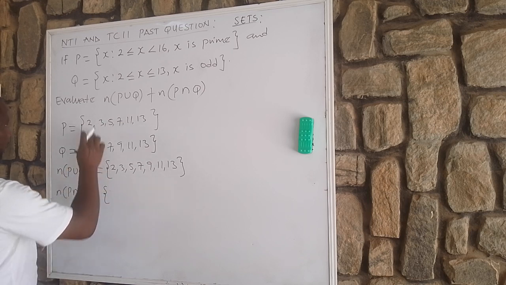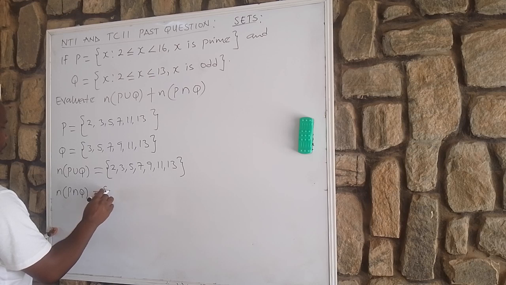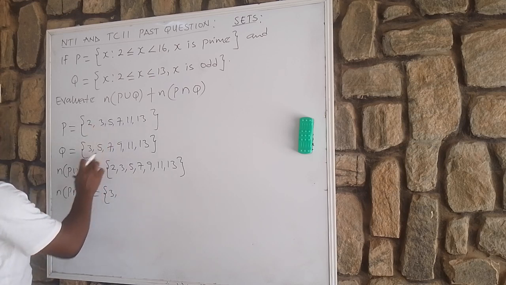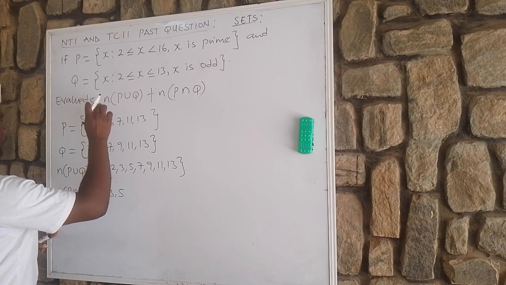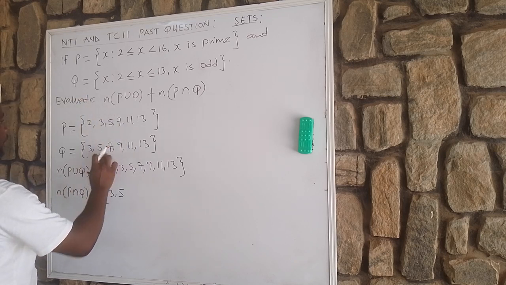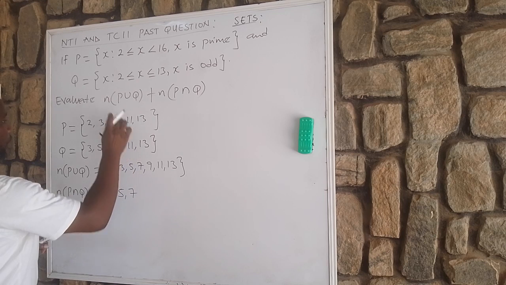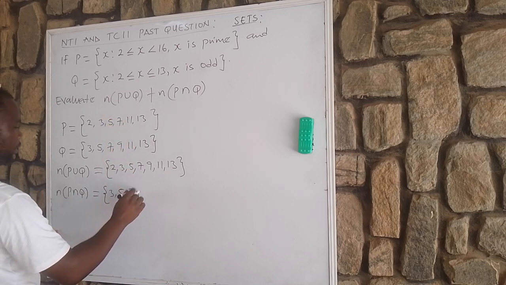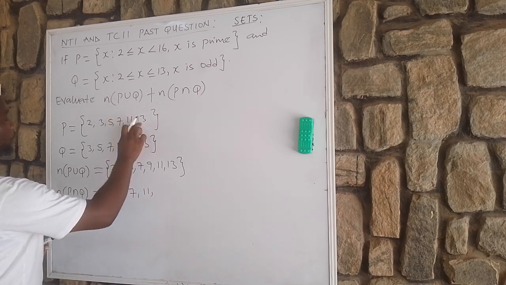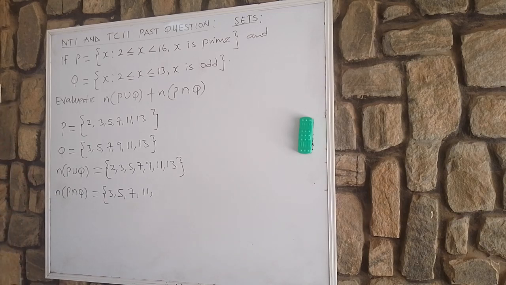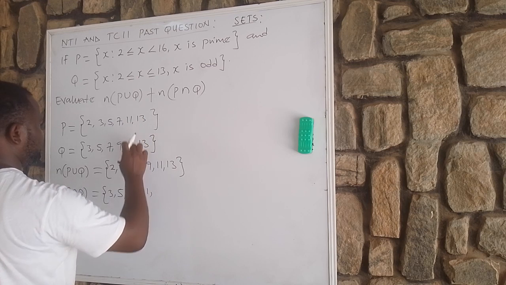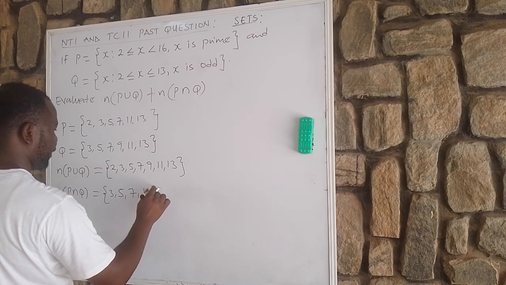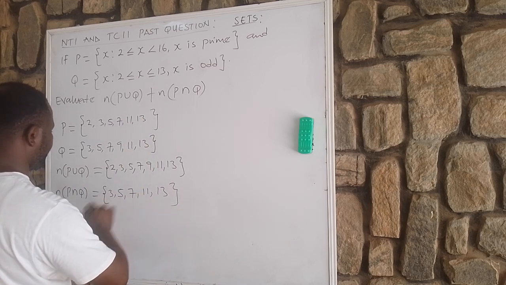We have 3 here, we have 3 here, so 3. We have 5 here, we also have 5 here, 5. We have 7 here, we also have 7 here, 7. We have 11 here, we also have 11 here, 11. We have 13 here, we also have 13 here.